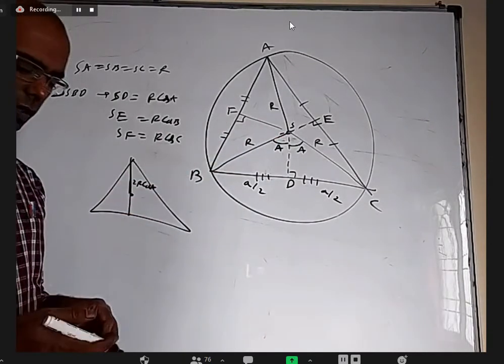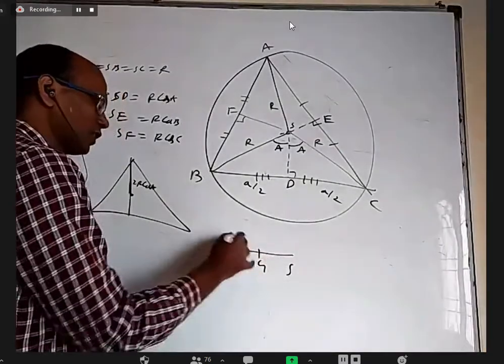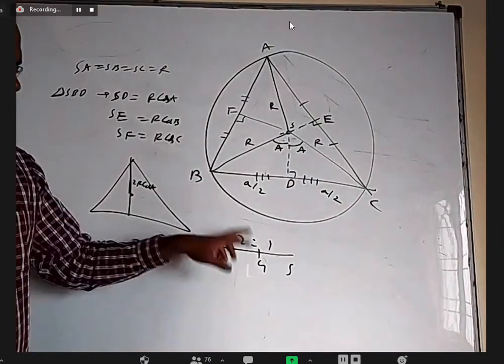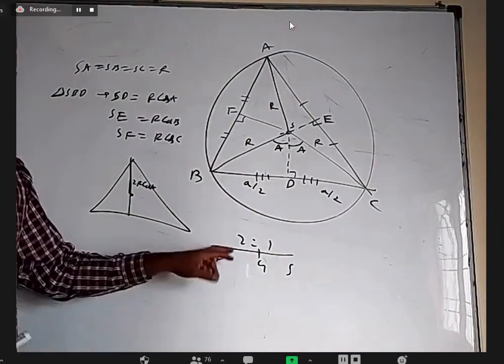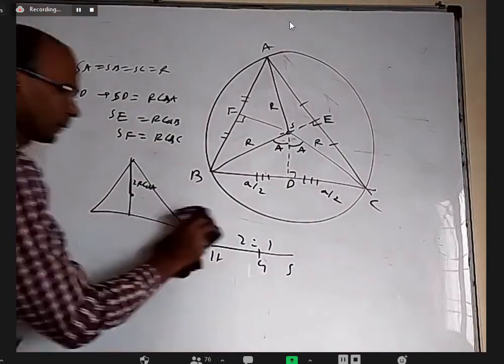For example, all of you know this: H, G, S are collinear and this is a 2:1 ratio, right? We'll prove it in our next class, how this 2:1 ratio came and how they're collinear, something like that.